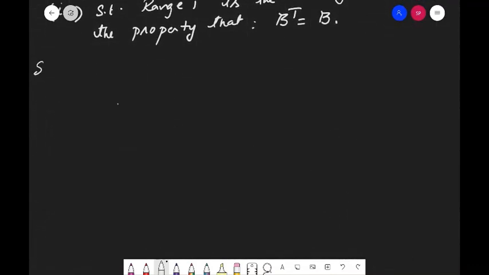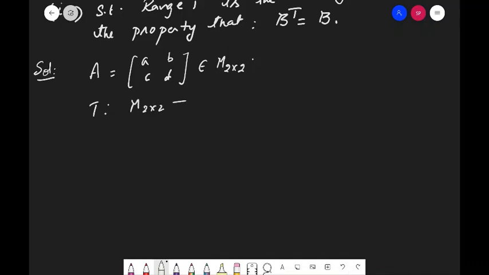Solution. You are given A equal to the matrix a, b, c, d, which belongs to M2 by 2, and T from the vector space M2 by 2 to M2 by 2 is defined by T of A equal to A plus A transpose.